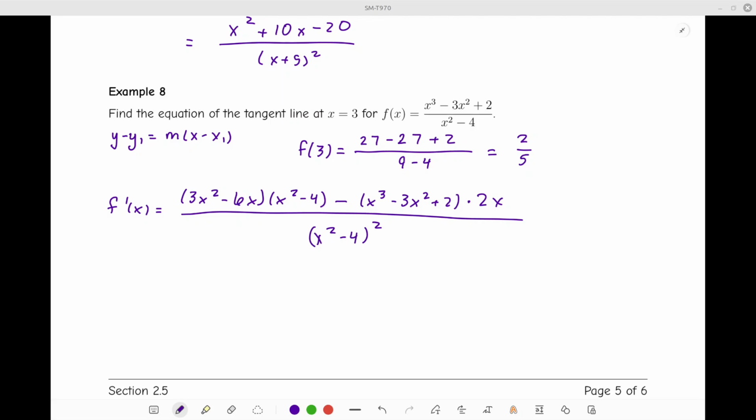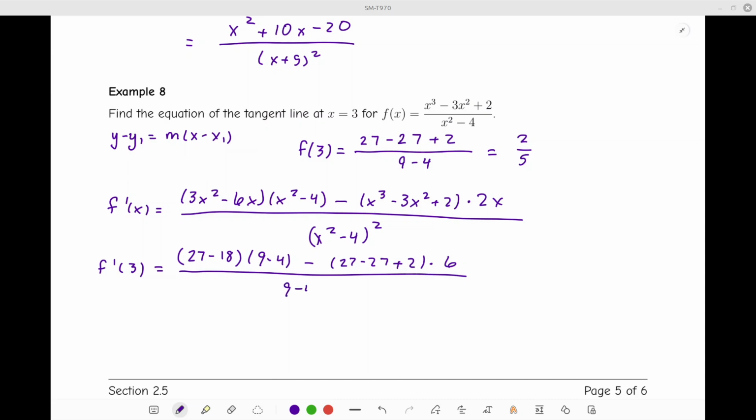And then to find our slope, we plug 3 in, so f prime of 3 would equal (27 minus 18) times (9 minus 4) minus (27 minus 27 plus 2) times 6, all over (9 minus 4) squared.